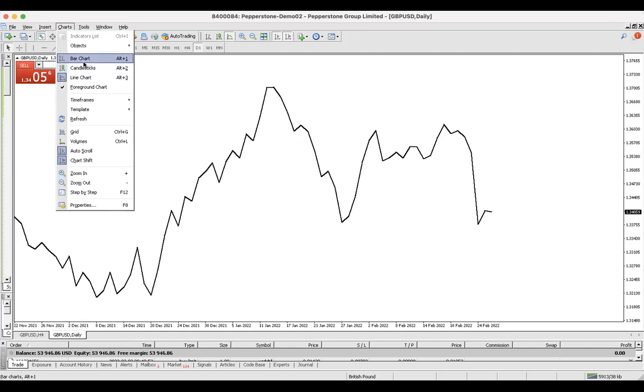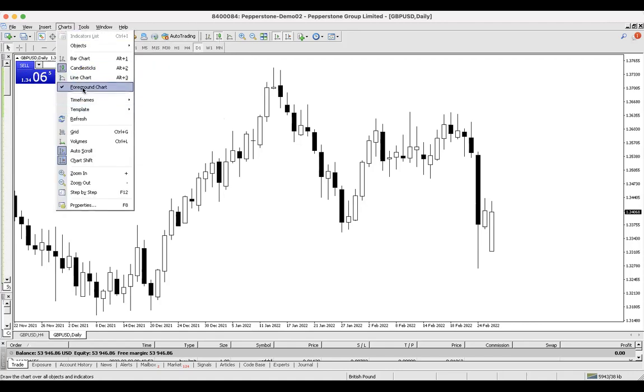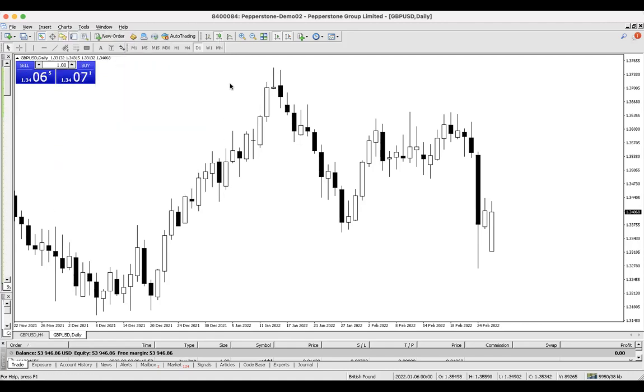There are people who use bar charts, some people use candlesticks, and some people use line charts. The most common one is candlesticks. Okay, so how to access them? You can go to charts and then toggle them there, or you can do it here. If you go somewhere here, you can see we have one, another one here, and another one here.